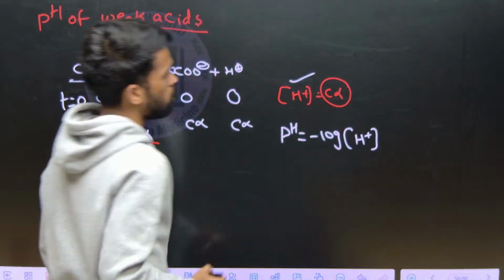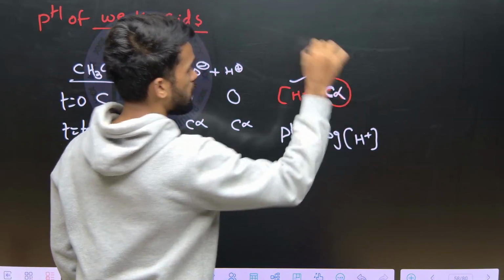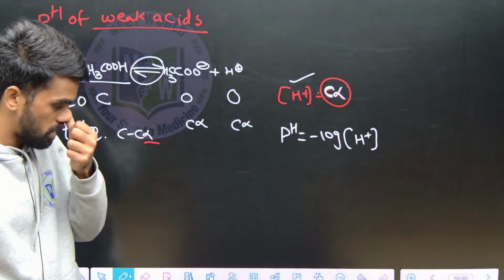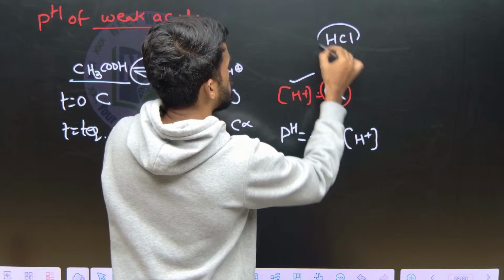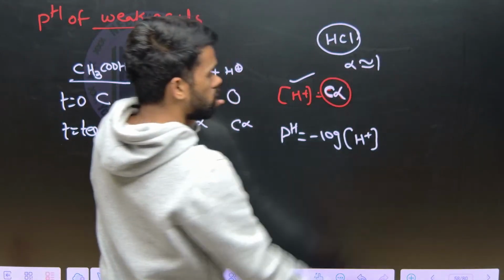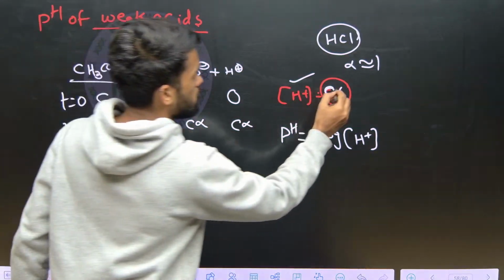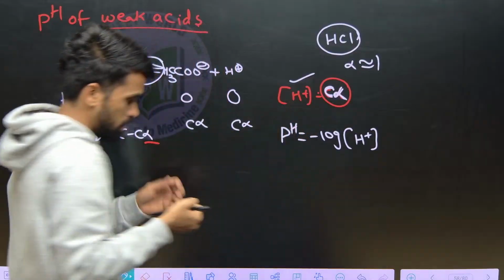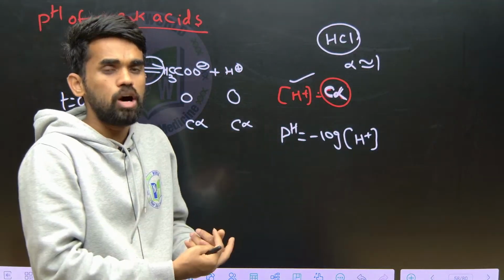C means the concentration of that acid, and alpha is the degree of dissociation, to what extent it undergoes dissociation. In strong electrolytes like HCl, strong acids and strong bases, alpha is almost 100% dissociation, but these are weak acids, so the degree of dissociation will be lesser, either 60%, 40%, 70%, varying from compound to compound.